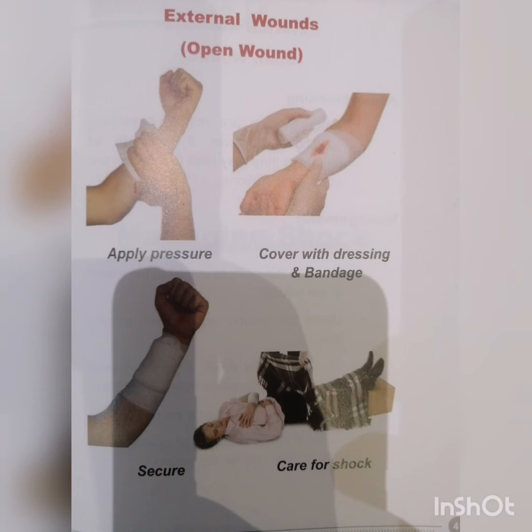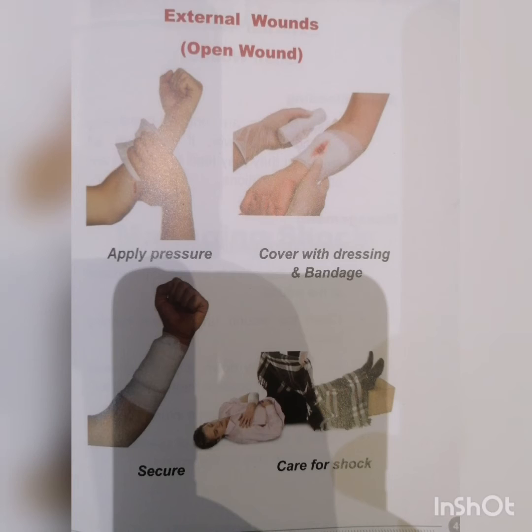Number 3, examine the injury to establish the extent of the wound. Then number 4, elevate the injured part if injury allows. Then point number 5, apply direct pressure to the wound to control the loss of blood.